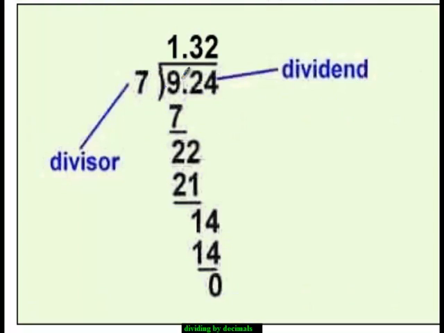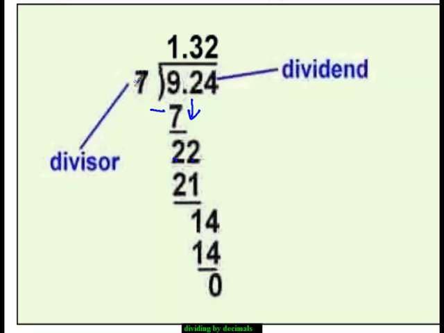Okay, here's another example. 9 divided by 7. It has only 1 seven. 1 by 7 is 7. So I'm going to subtract here 9 minus 7, 2, and drop down 2. It will be 22. 22 divided by 7.